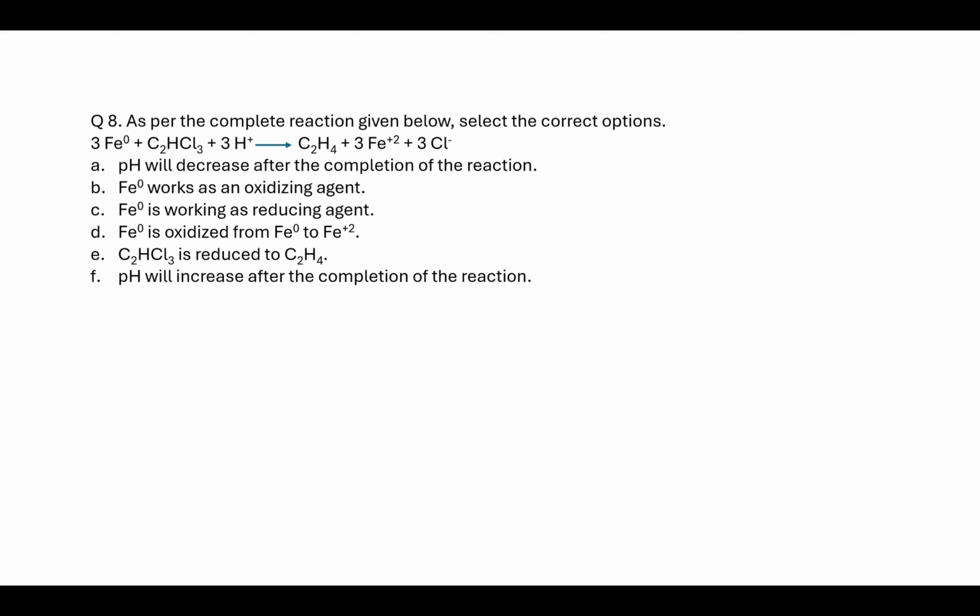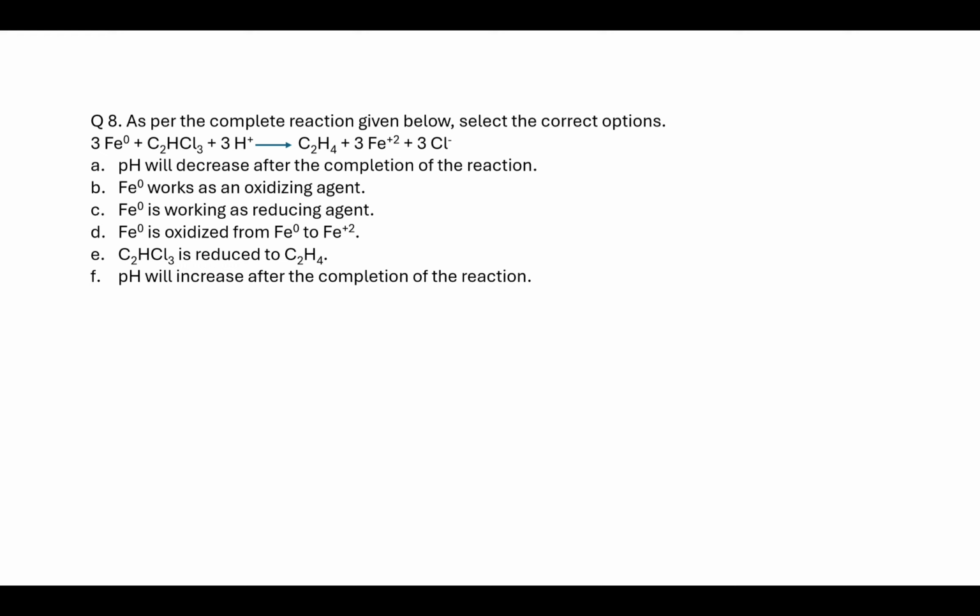The question is: as per the complete reaction given below, select the correct options. We have been given the reduction of trichloroethylene to ethylene, or ethene, and iron is oxidized from 0 to +2. Option A is pH will decrease after the completion of the reaction. B is Fe0 works as an oxidizing agent.